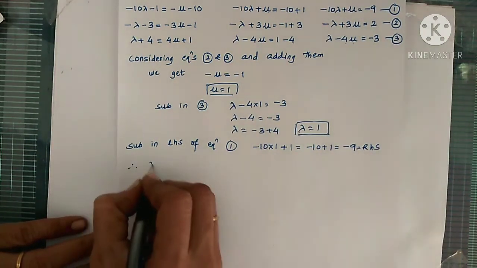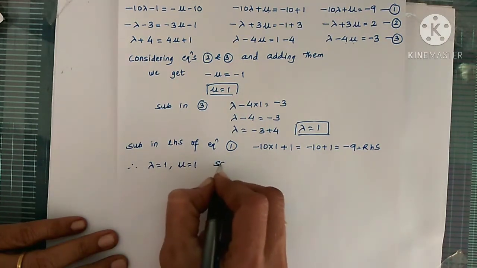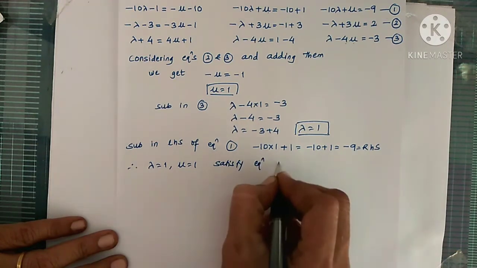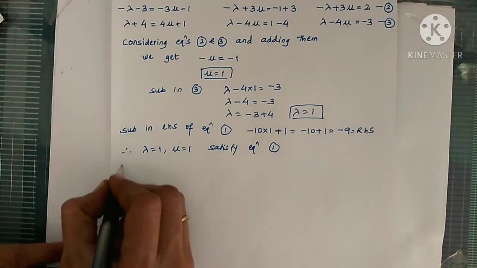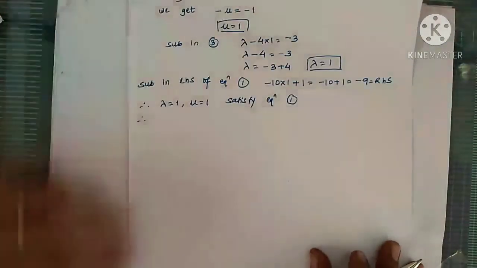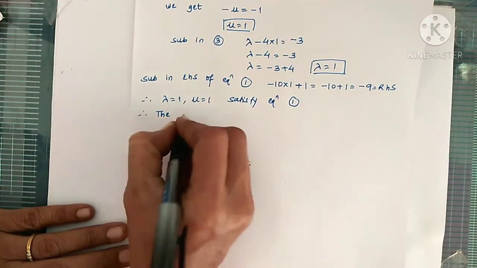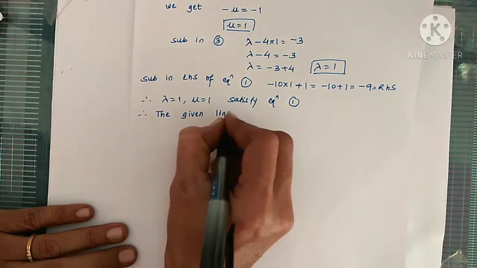So lambda equal to 1 and mu equal to 1 satisfy equation 1. That means such lambda and mu exist. Therefore the given lines intersect.